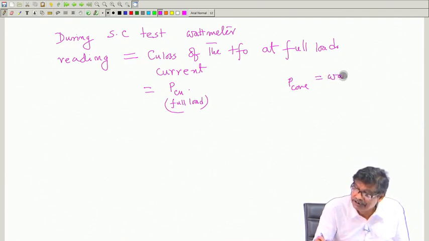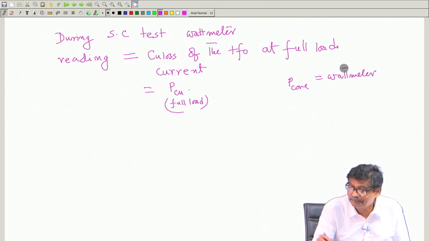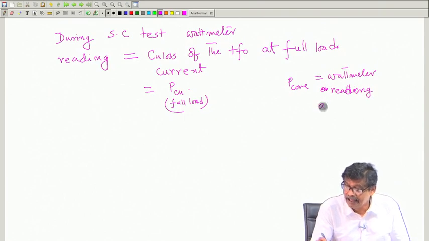the wattmeter reading during no load test.